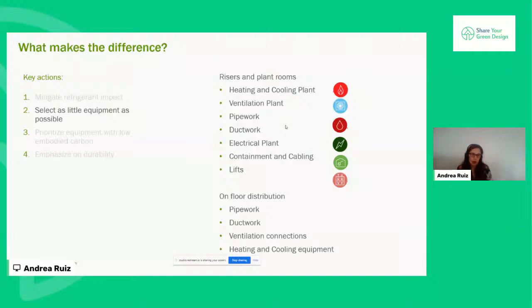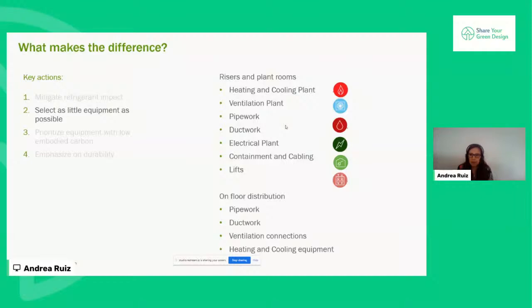So limiting our heating and cooling plant, our ventilation plant, the distribution, pipework and ductwork, electrical generation and or distribution of services, lifts, etc. Obviously we will have this in the main plant rooms of the building, but at the same time, depending on how many floors we have, the on-floor distribution will also make an impact here.